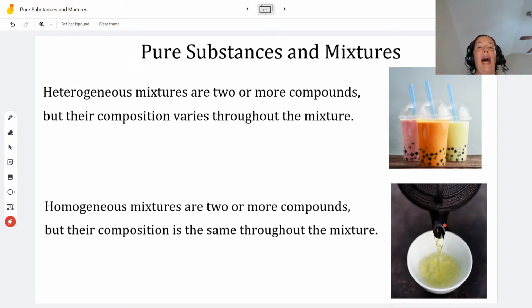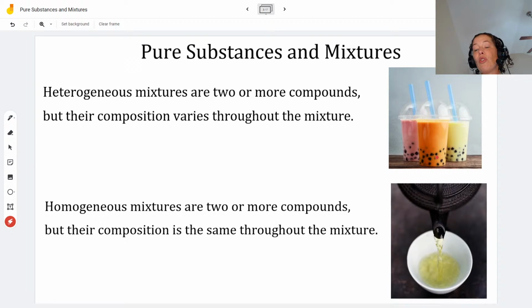Imagine if you have boba tea and you wanted to give somebody a taste. Well, if they took a taste from the very top portion of the tea, they would only get the tea and they wouldn't get any of the tapioca balls. But if you gave them a taste from the very bottom portion, maybe they would get all tapioca balls and not very much tea. So the composition changes throughout the mixture. So that is a heterogeneous mixture.